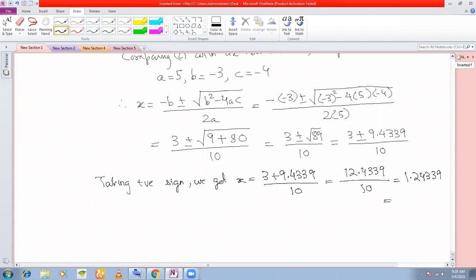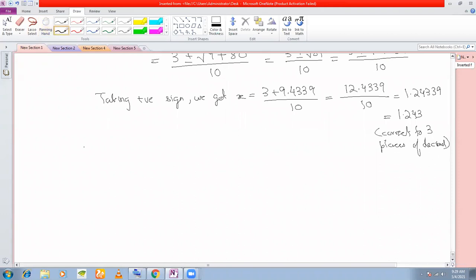And you need the answer up till 3 places of decimal. So this you can write 1.243 correct to 3 places of decimal. And now take the negative sign.